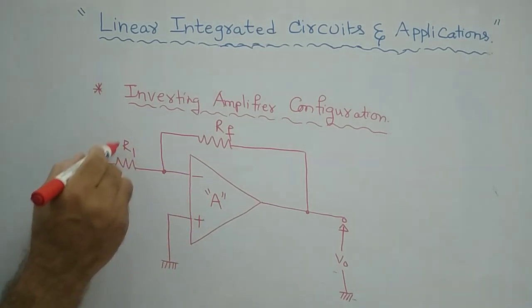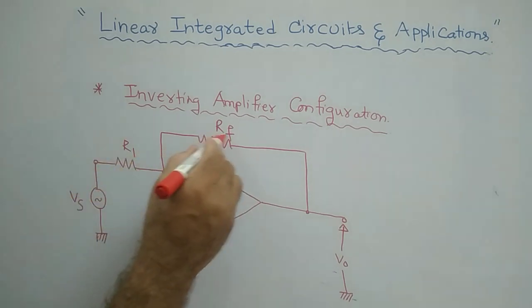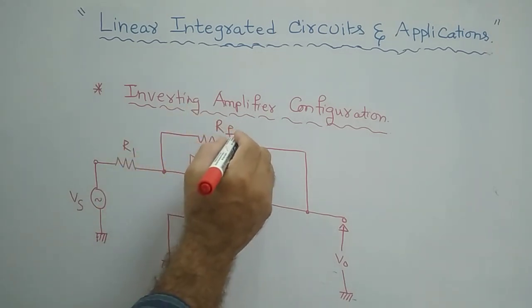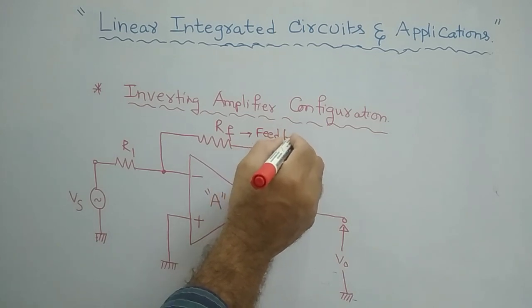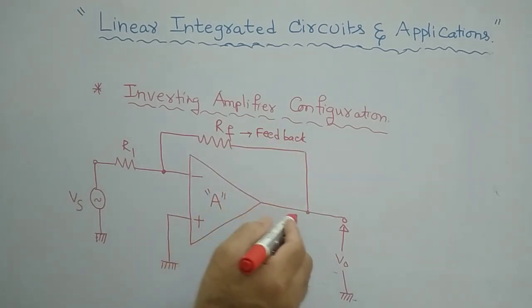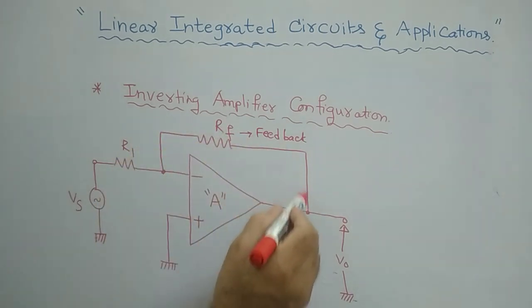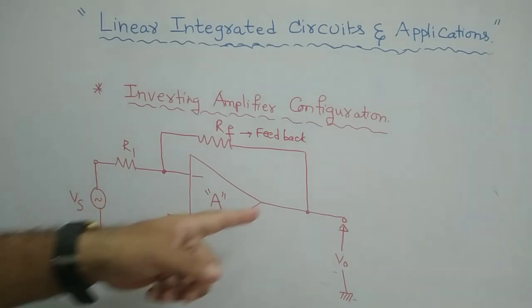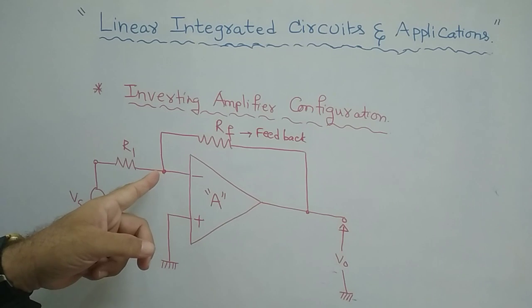This R1 is normally the resistor, and this RF is called the feedback resistor. It is called the feedback resistor because if I connect this from output to input, it forms a closed loop, making a closed path.